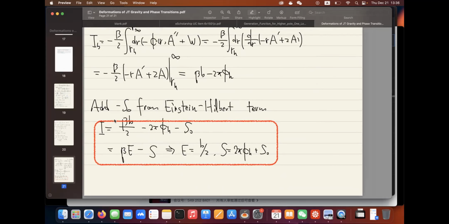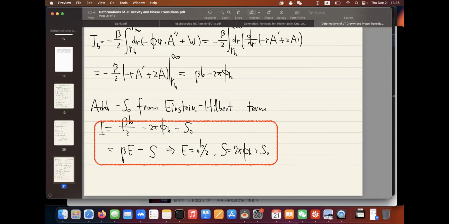This is the action. The action of the partition function in Euclidean signature is just equal to the free energy. The free energy is beta times, sorry, it's beta F, beta E minus TS. Now you can read out the expression for the energy.